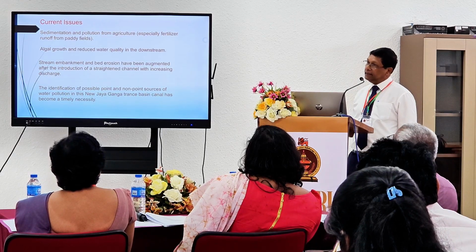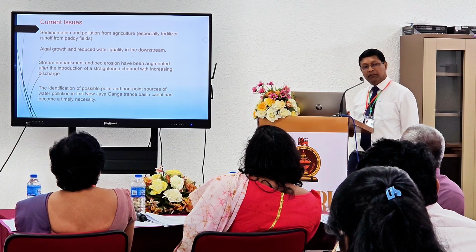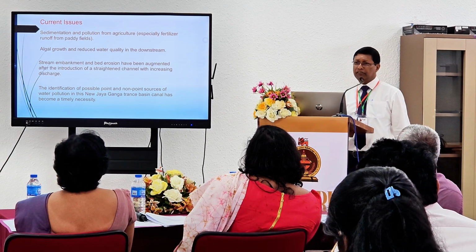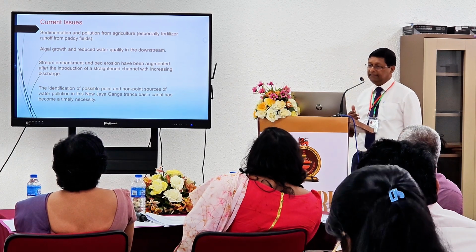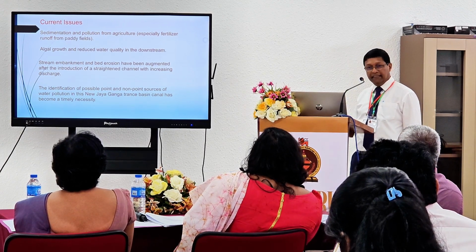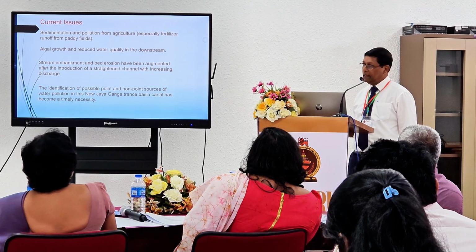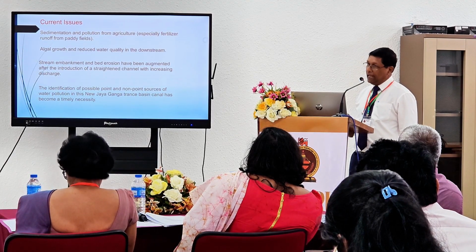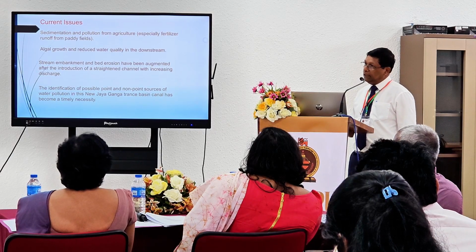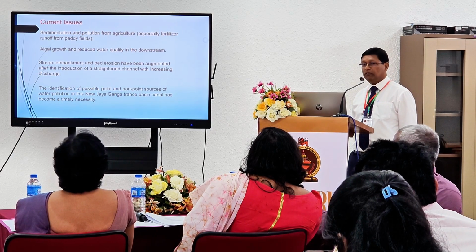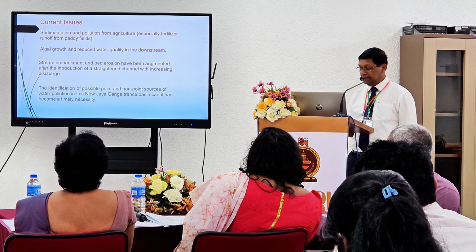Another serious issue is streamline erosion. Because of the higher discharge rate, and since Jaya Ganga is not a completely straight canal but a curving one, the streamline erosion is also there. For that, the study began to identify whether there are any pollution sources, point sources or non-point sources.